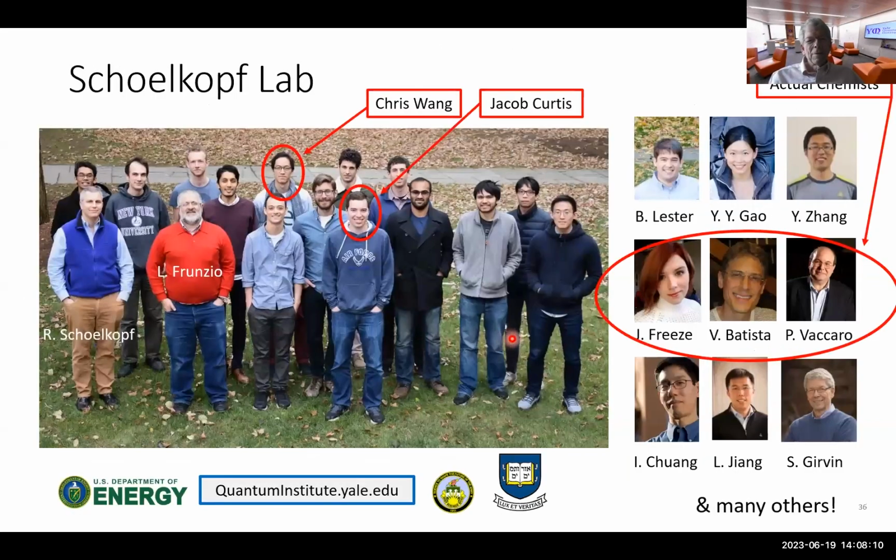And so I want to thank, this experiment was done in the Schoelkopf lab by Chris Wang and Jacob Curtis. We interacted with actual chemists who told us about how to think about these things. Ike Chuang helped us calculate how much harder this experiment would have been to do on a qubit-only based quantum computer.